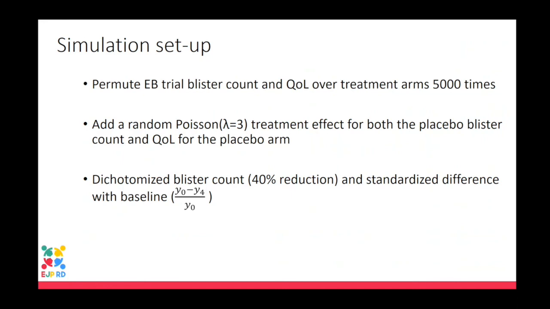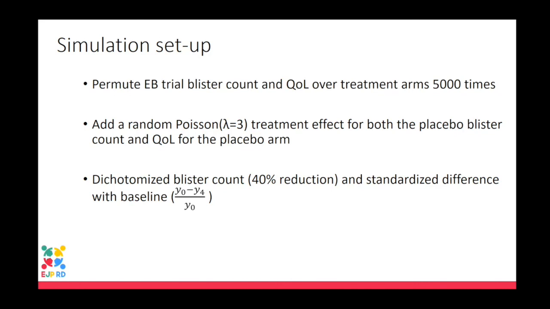I also wanted to look at two different ways to look at the blister outcome. The first was the dichotomized outcome as the primary analysis, which is a 40% reduction at week 4, yes or no. But that would mean in a pairwise comparison that you would have a lot of yeses and nos, and so a lot of ties if you pairwise compare patients.